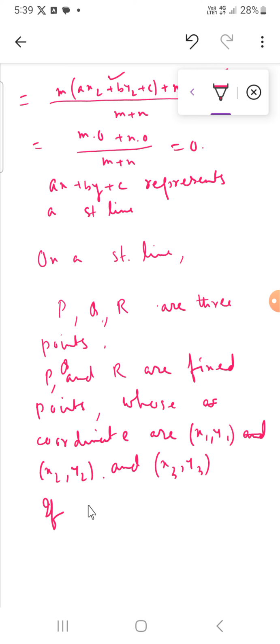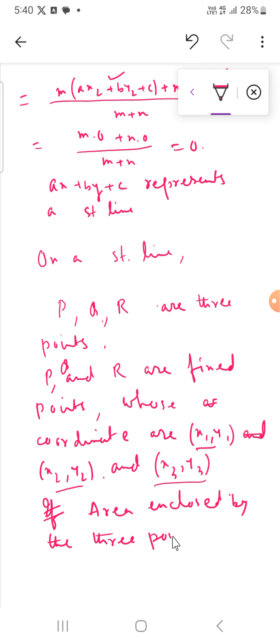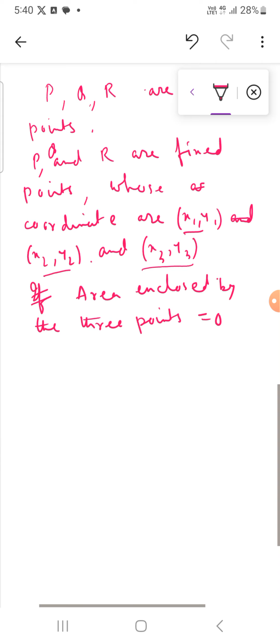Since the points lie on a straight line, the area enclosed by these three points must be equal to 0. The area can be found in this way.